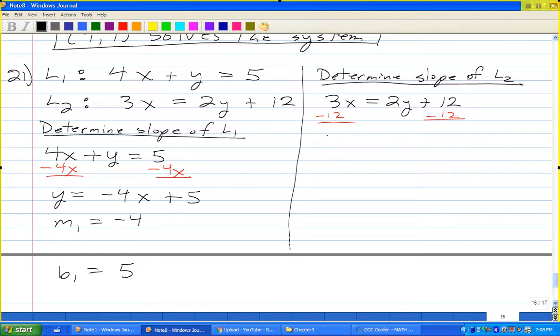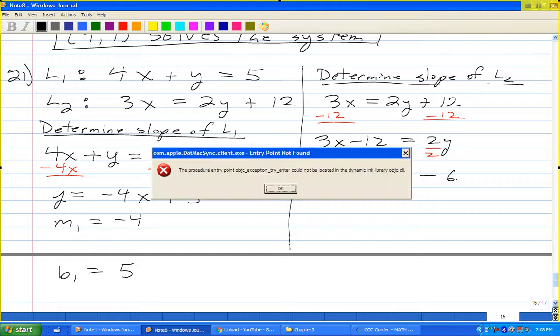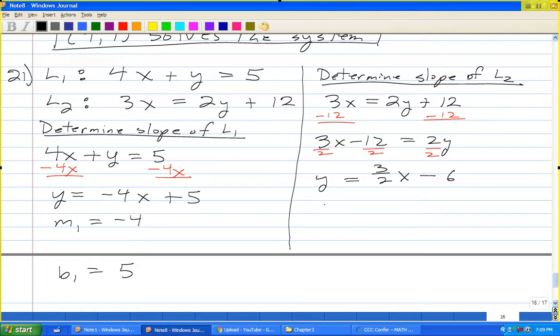So I have 2y equals 3x minus 12. Divide by 2. So y equals 3 halves x minus 6. So the slope for my second line is 3 halves, and the y-intercept is negative 6.